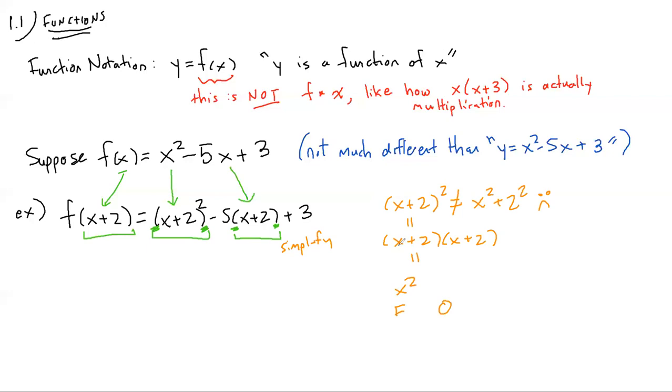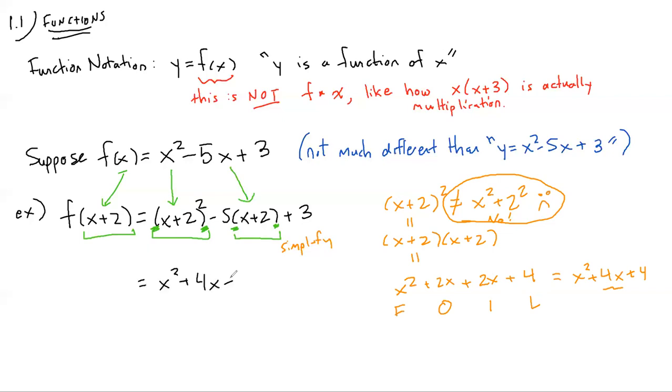The outsides will be x and 2. The insides, x and 2, so 2x, and the lasts, 2 and 2 is 4. So we'd have x squared plus 4x plus 4, right? Don't forget that middle term. So just be careful of this. So I'll get x squared plus 4x plus 4.